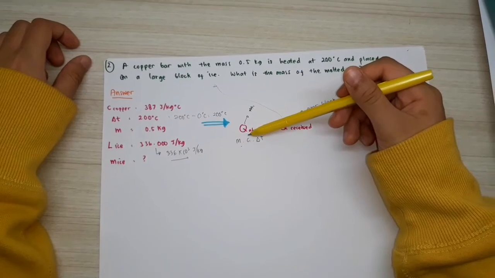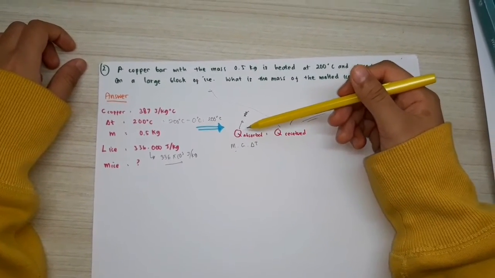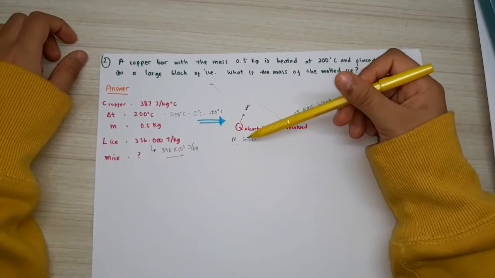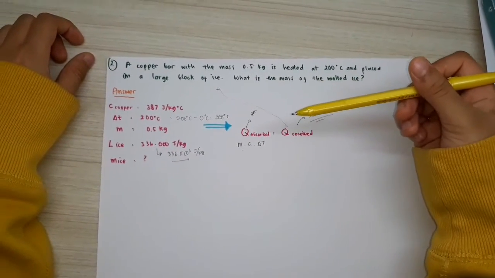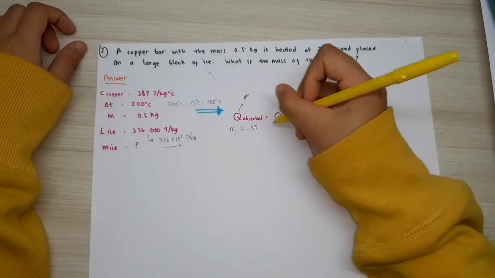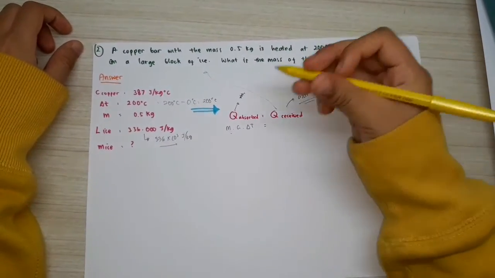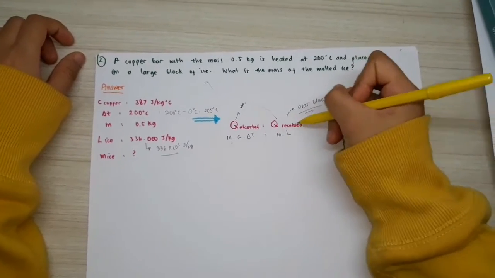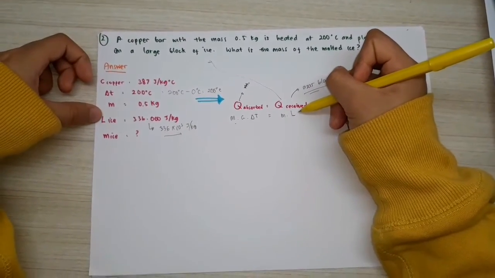Because the common formula of heat is mass times specific heat capacity times delta temperature, it is equal to mass times L, or heat of fusion of the ice.